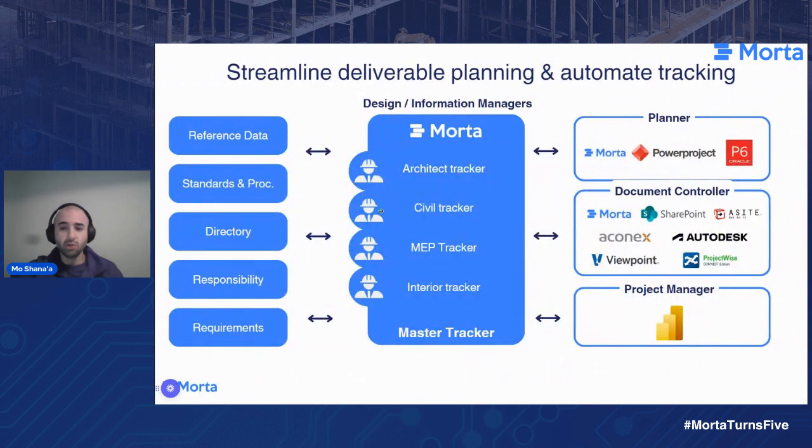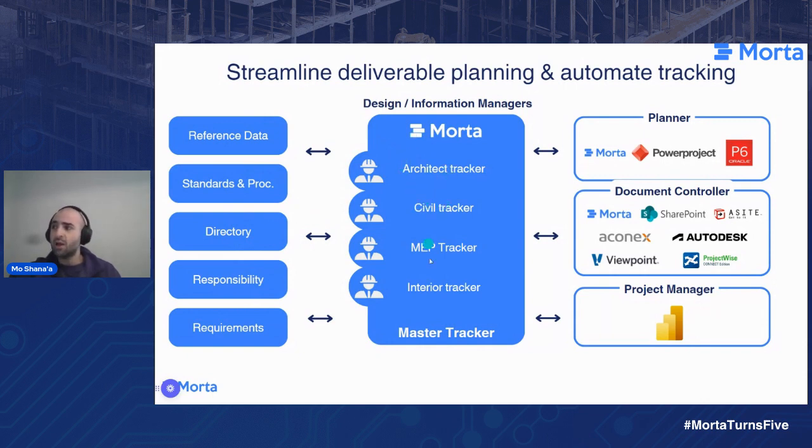Now, the first use case that many of you have used is to streamline deliverables tracking. So really, what happens today is you have a lot of data sets that currently exist in Excel, and you're able to move these into Morta, where they connect with each other, and then connect with a master tracker that you would have had previously on Excel.